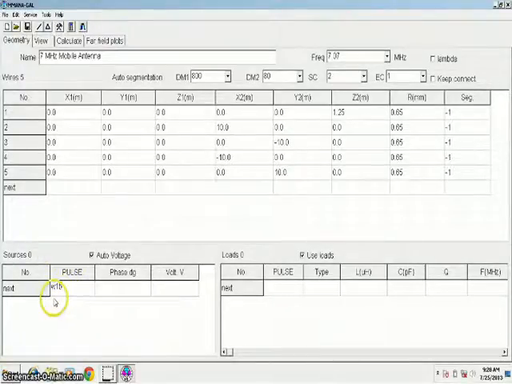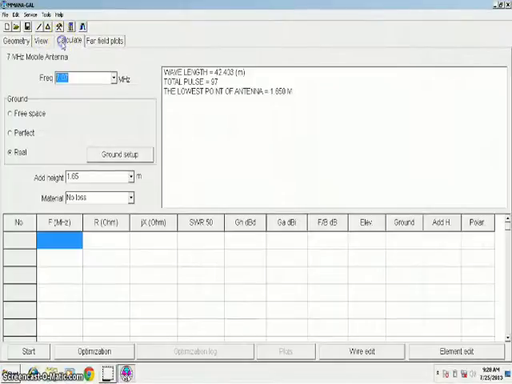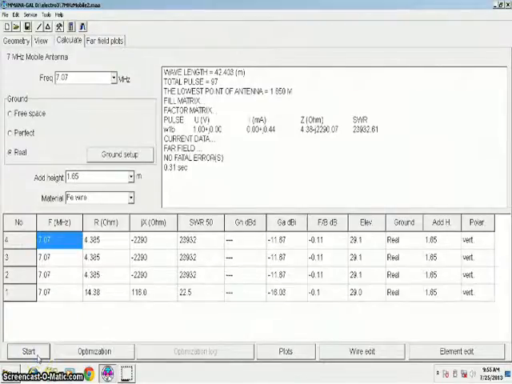This stands for wire 1 at the beginning. Pulse is going to be given at wire 1 at the beginning. Enter. Let's calculate for this specification. Start.